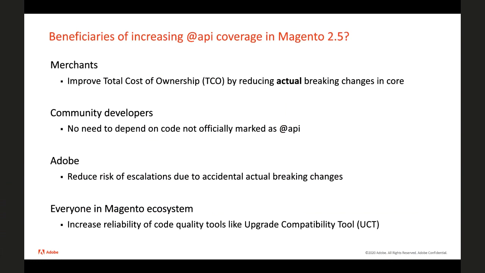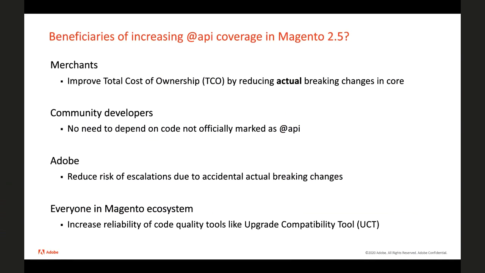On the Adobe side, we are going to reduce the risk of escalations caused by accidental breaking changes. Again, these are changes in this gray area where we don't expect to break anyone, but as a result, some extensions are broken.